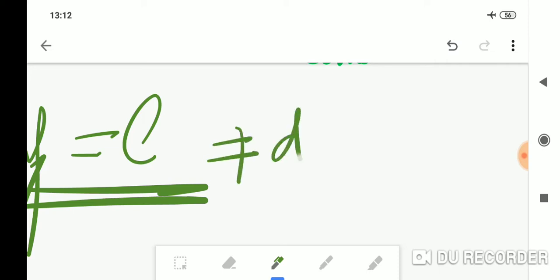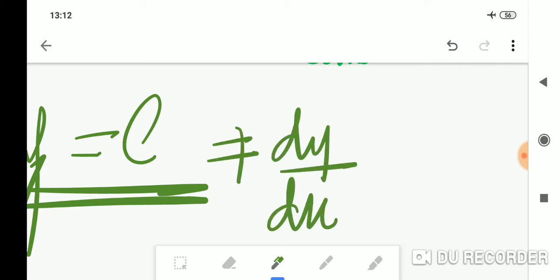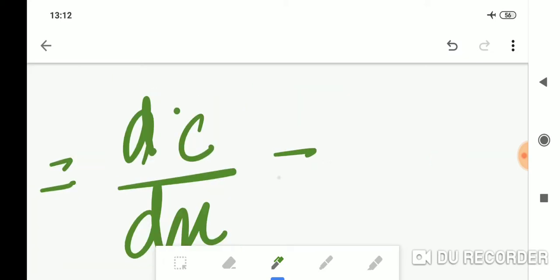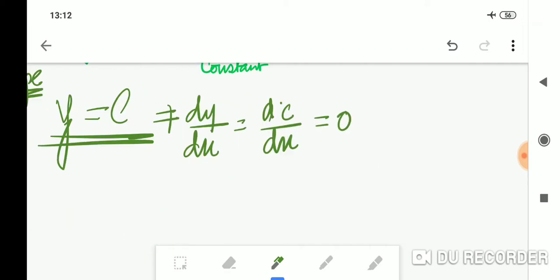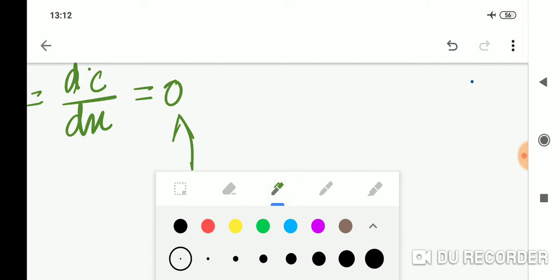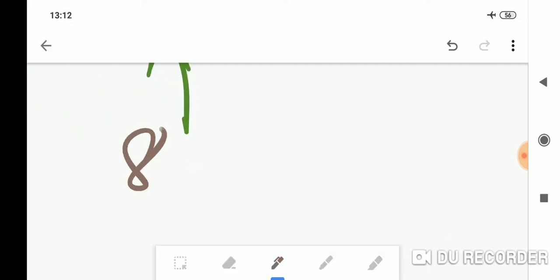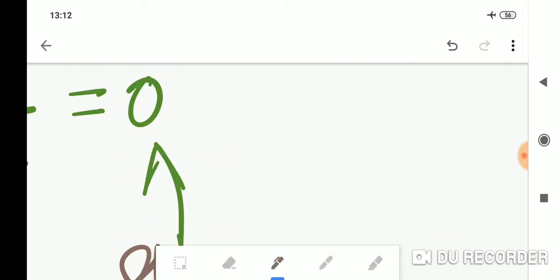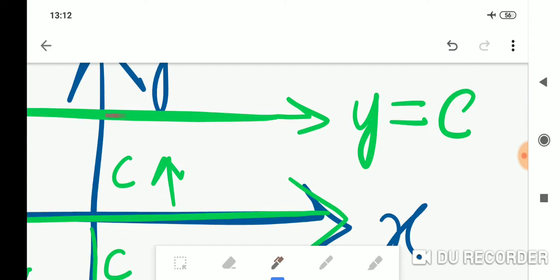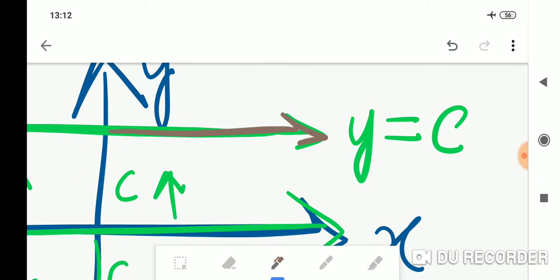So dy by dx is equal to dc by dx, and we know differentiation of a constant is 0. So see, our slope is nothing but 0, and you can see it. Yes, this line is having a 0 degree with the x-axis.